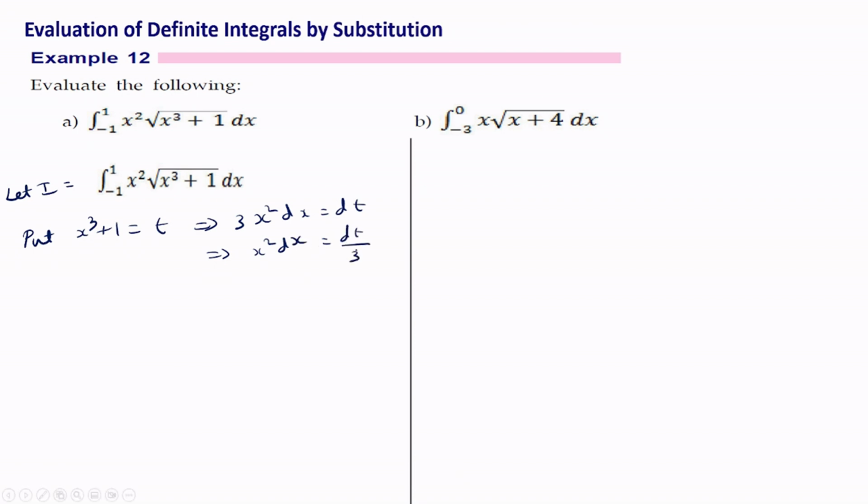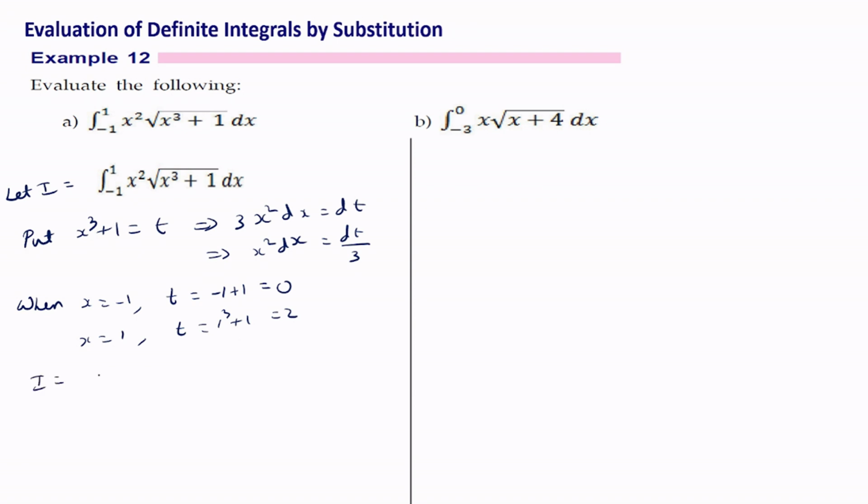At the same time we can also change the limits. The lower limit is minus 1. When x equal to minus 1, t equal to x cube plus 1, so it is minus 1 the whole cube, which is minus 1, plus 1, 0. And when x is equal to 1, t equal to 1 cube plus 1, which is 2.